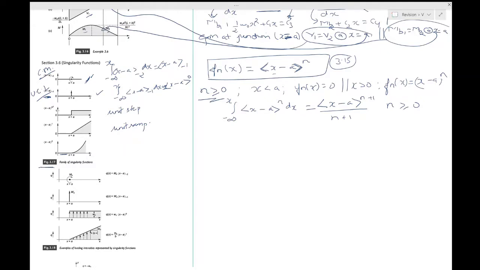So the integration laws which I have written down over here, 3.17 and 3.16, allow you to do these integrations, which eventually help you find the bending moment and the shear force diagrams.